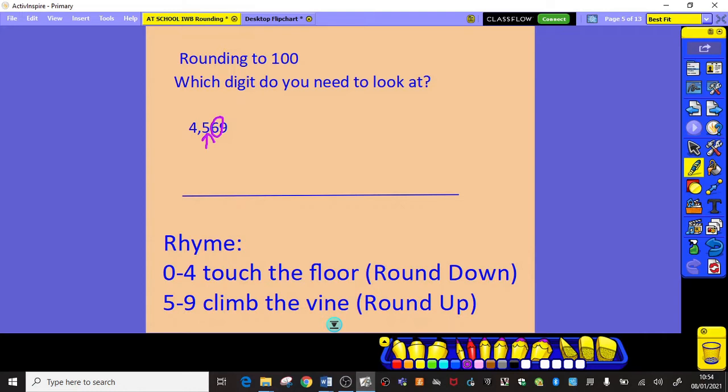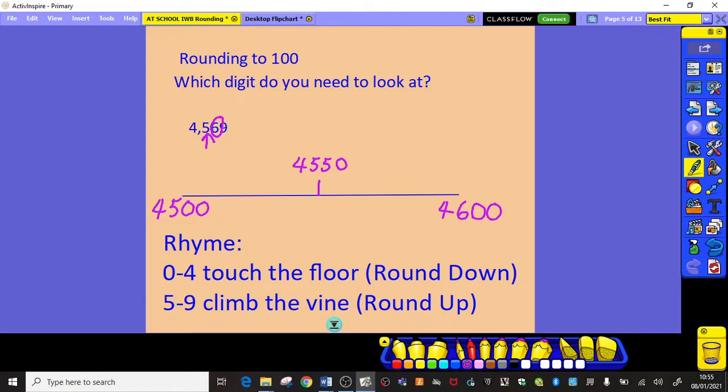But again, to model it on a line to make this really clear for people, 4,569, if I was going to round down, would be 4,500. If I was going to round up, it would be 4,600. My halfway point is 4,550. Well done those of you who got there before me.